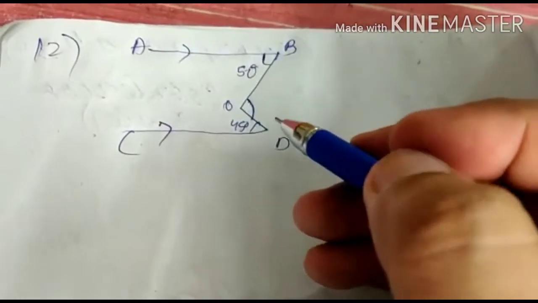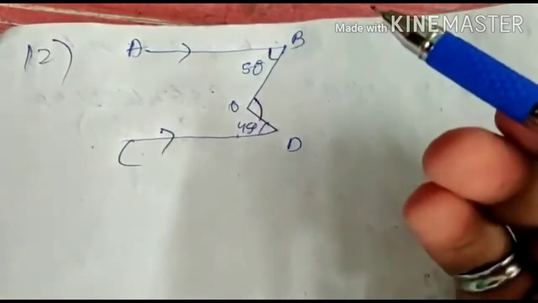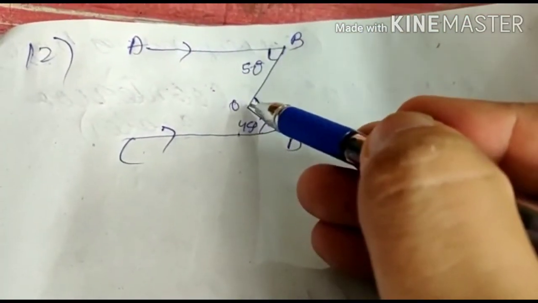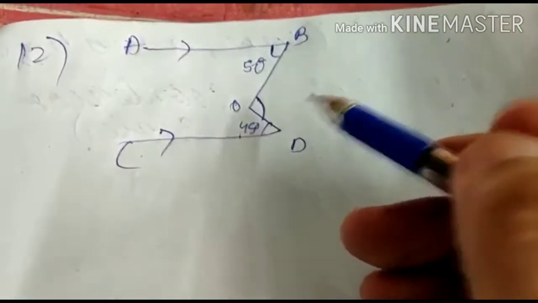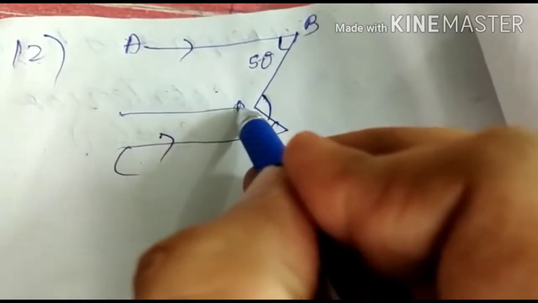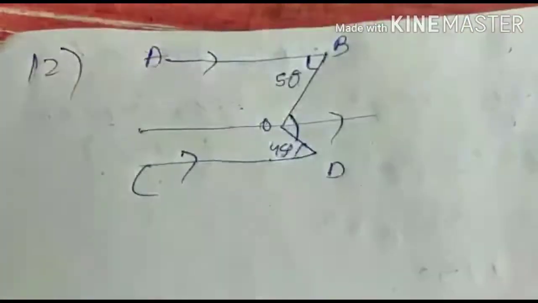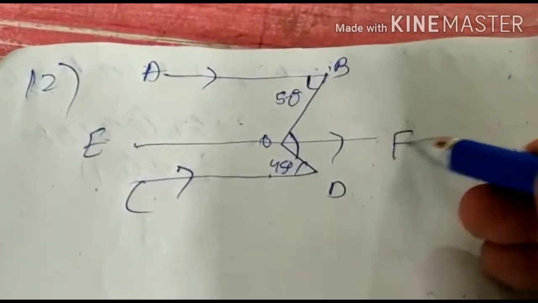Look, no property can be applied at present, as this and this are parallel lines and they have no common transversal. Look, this transversal BO is coming and it has changed its path to OD. So there are two different transversals. So what we will do is draw a parallel line passing through O. Now AB you can write as EF.